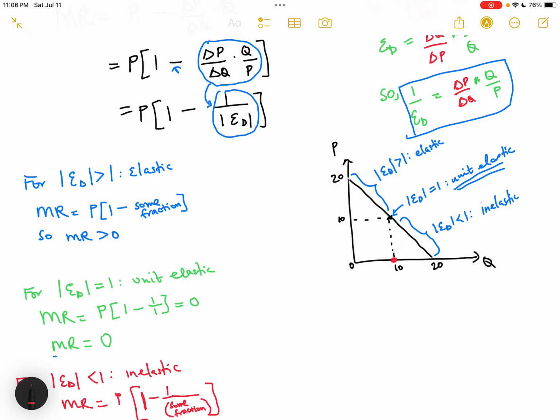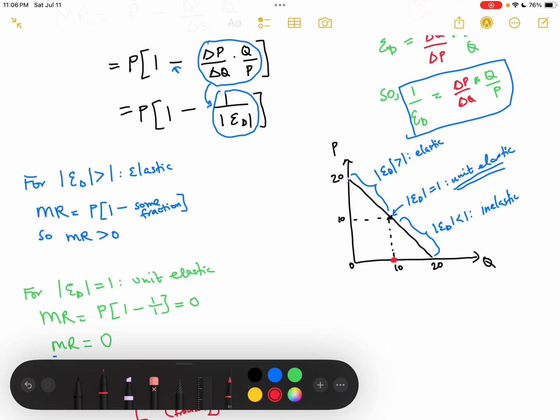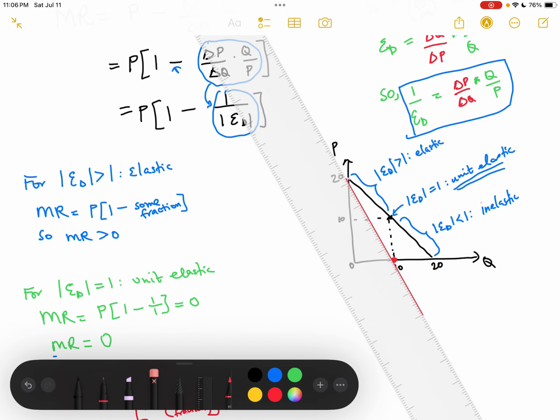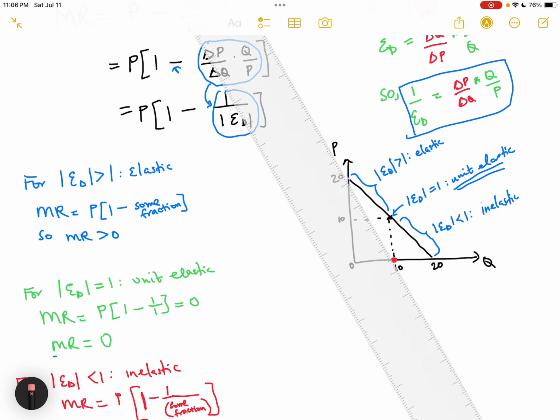You see, we know the marginal revenue shares an intercept with the inverse demand curve, and so when we connect the two, the intercept along the price axis and the red dot, when we connect them, oops, hold on, let me do a better job on that.